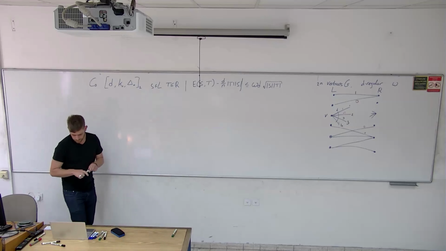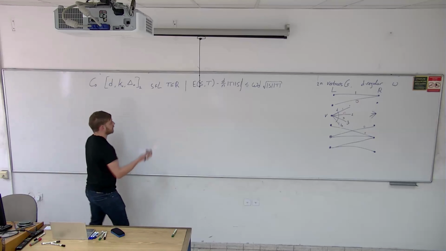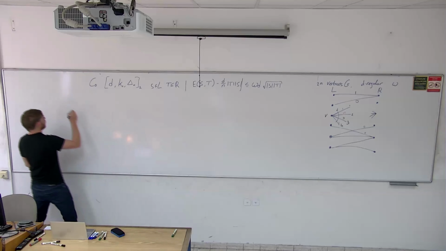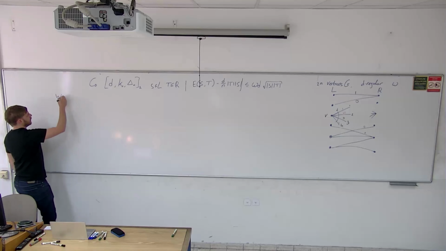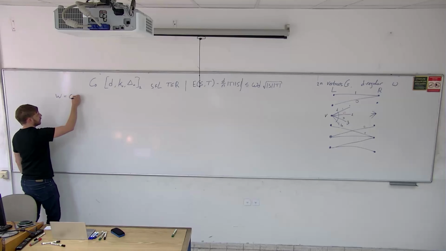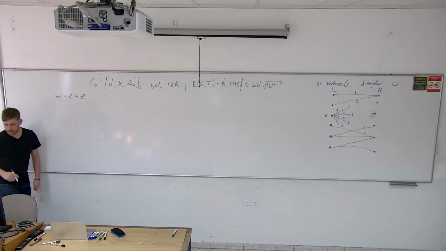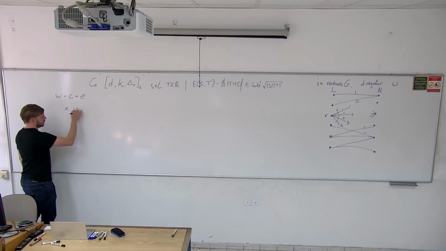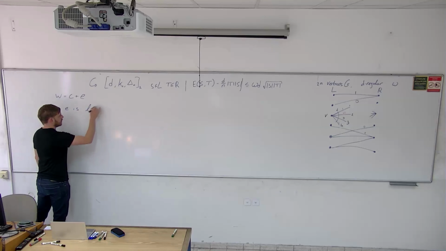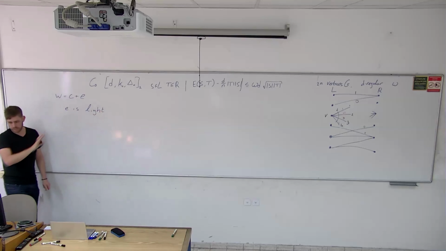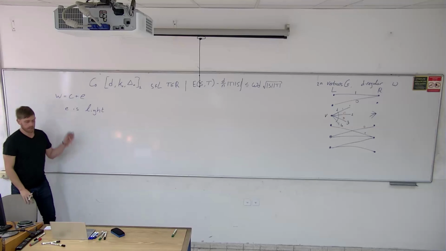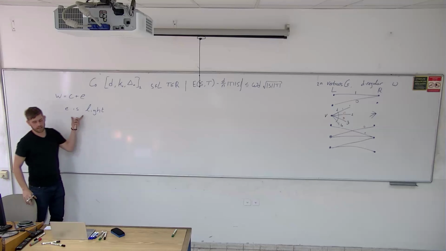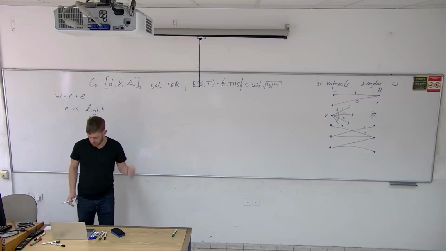We keep in mind a word W that is close to the code, so I write it as C plus E, and I know that E is light. I'll plug in the parameters in the end, but for now, just think of E as a light vector.